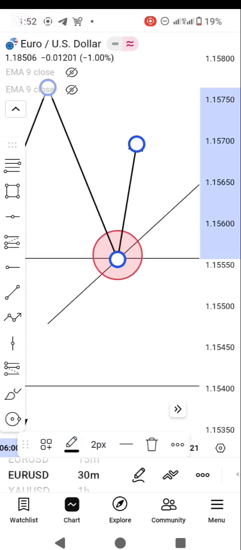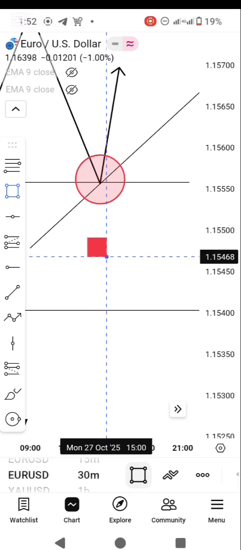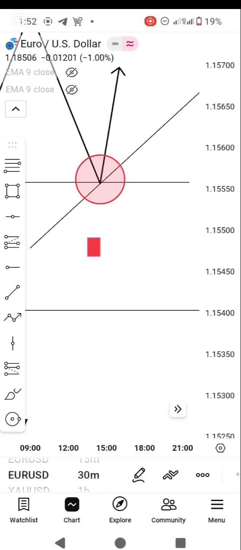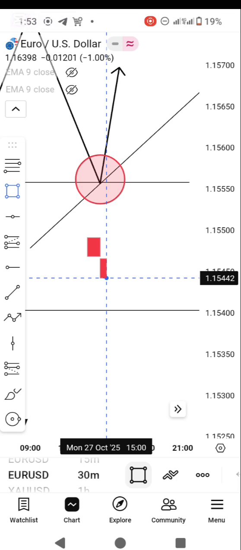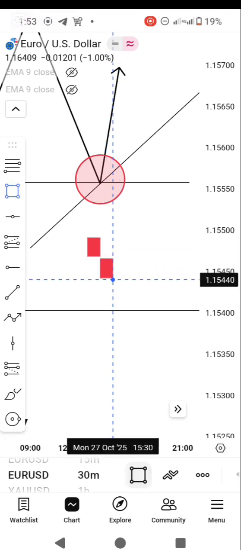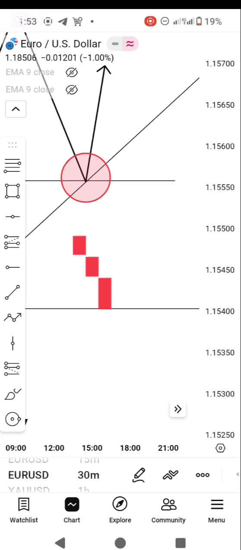Let me show you that. Let's say a series of sell candles. This was a sell. This was another sell. And let's say maybe this is the final sell, that then tapped into your area of interest.